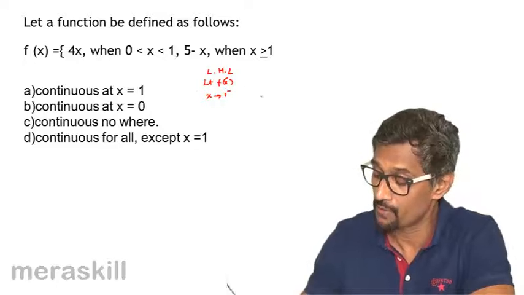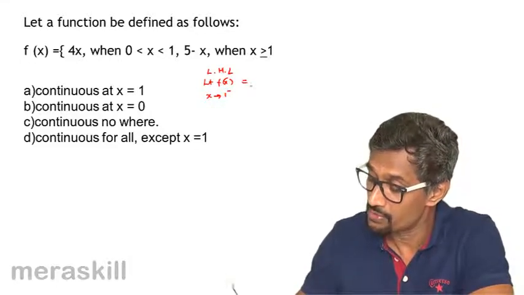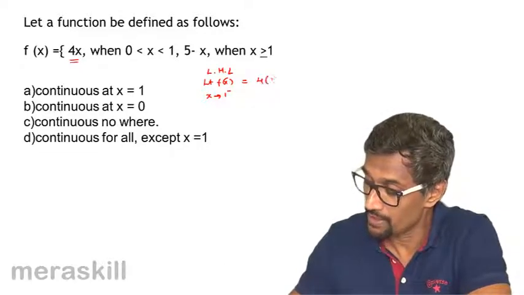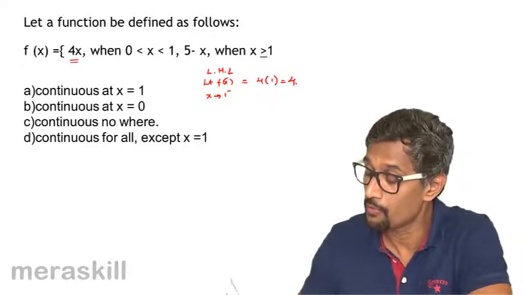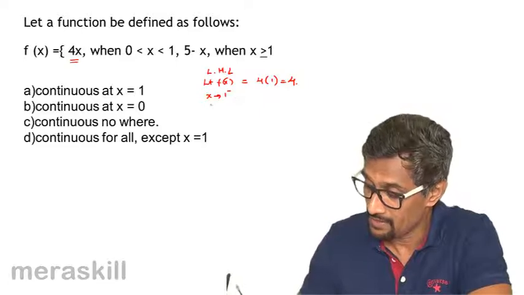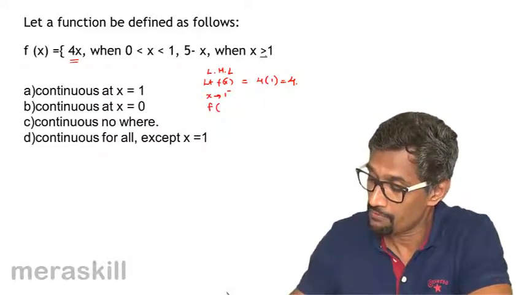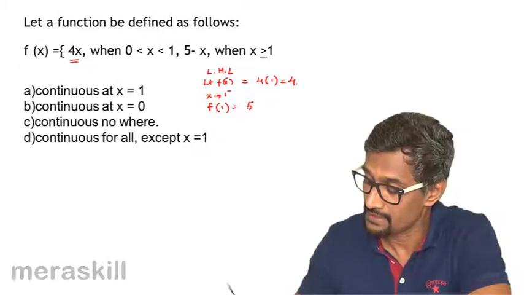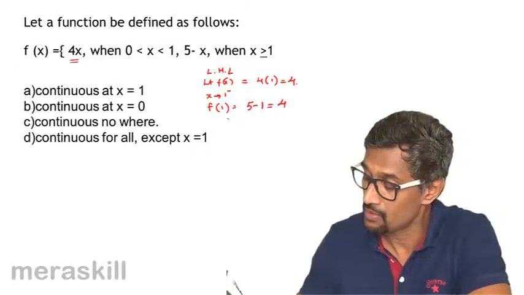We are going to check for 1. So we consider this function, so it's going to be 4 into 1, which is 4. And f of 1 is going to be 5 minus x, that is 5 minus 1, 4.